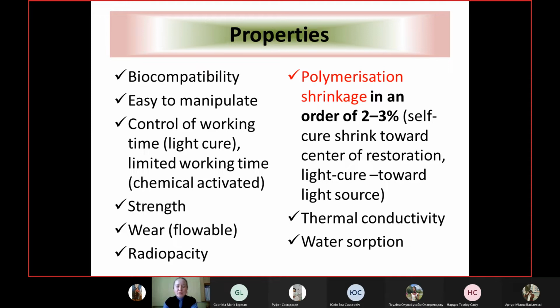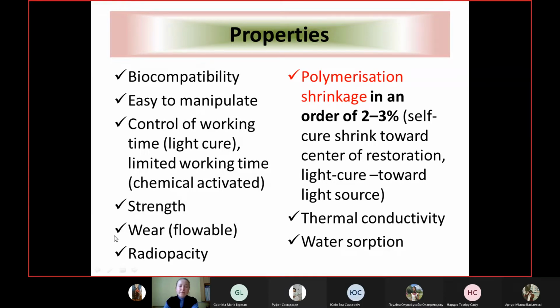They are strong enough, they are wear resistant, but flowable are not wear resistant. That's why I wrote here wear.